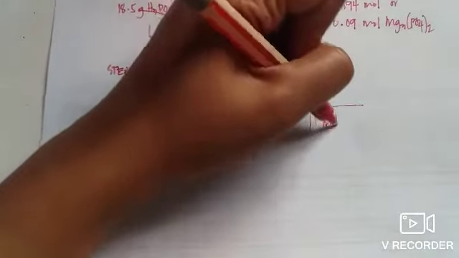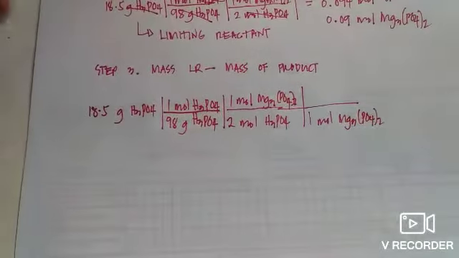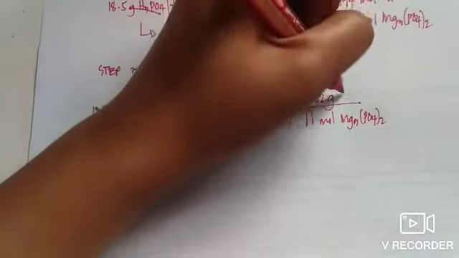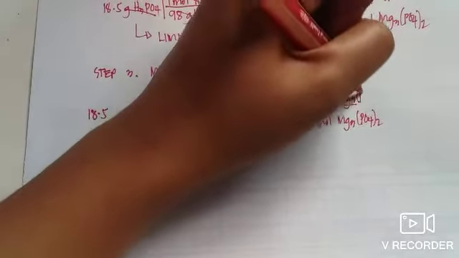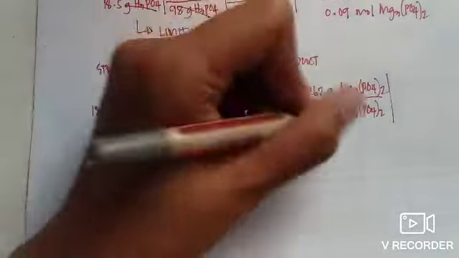So 1 mole of Mg3(PO4)2 is to 262 grams of Mg3(PO4)2. Cancel out the same units.